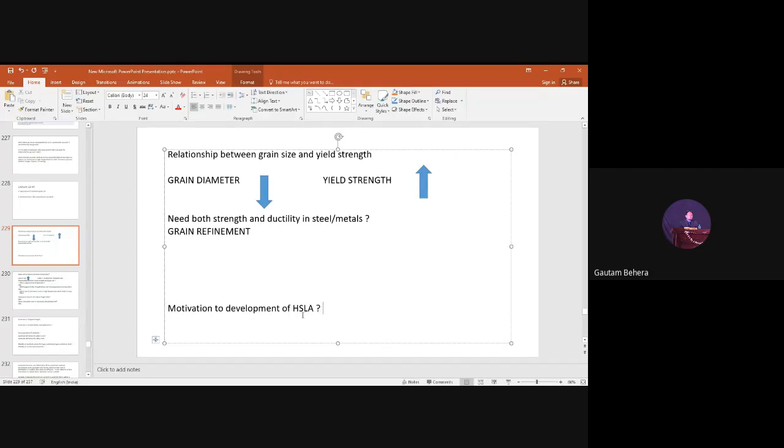What is the major limitation of steel compared to that of aluminium? Strength to weight ratio. Don't tell me strength to weight ratio. You can just say weight, or density, or specific gravity. Aluminium has very low density or low specific gravity, right?